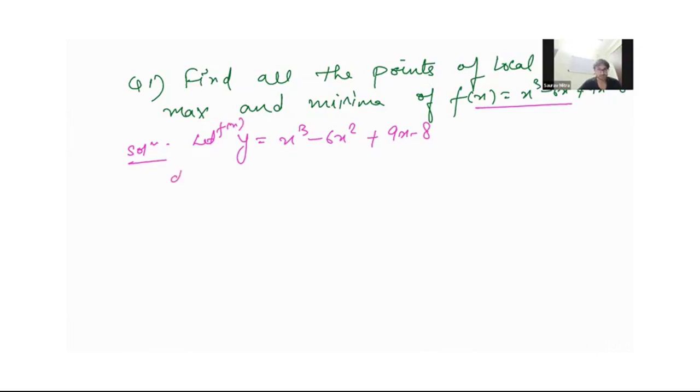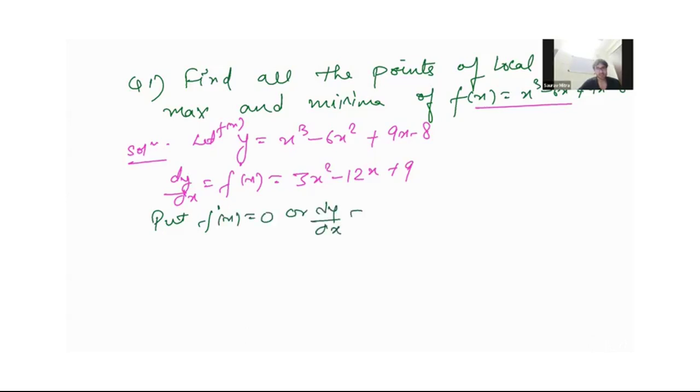So we will differentiate, dy by dx. What we will get is f dash x, which means 3x square minus 12x plus 9. Always we will put this equation equal to 0 so that we can get our value of x. So we will put f dash x equals 0, or dy by dx equals 0.